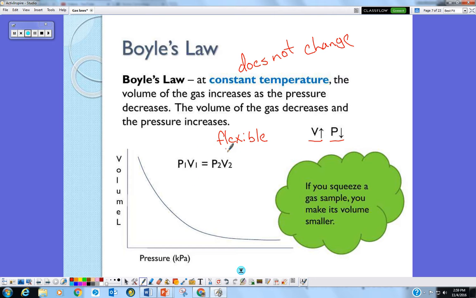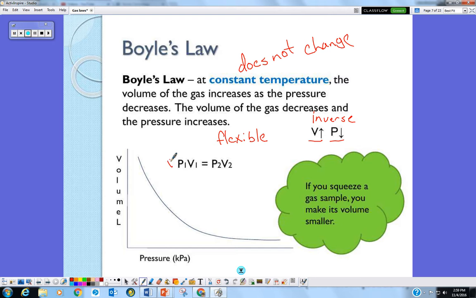So the relationship that we are looking at in this is an inverse relationship, because as we see, as volume increases, pressure will decrease. Or if we increase pressure, volume will decrease.